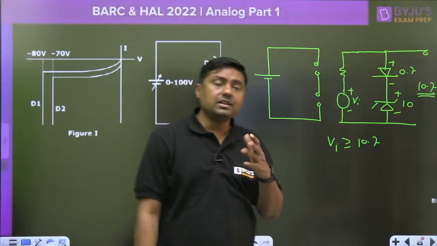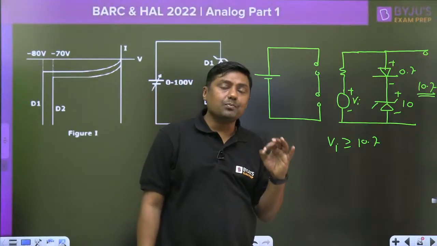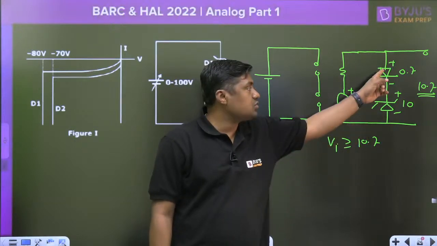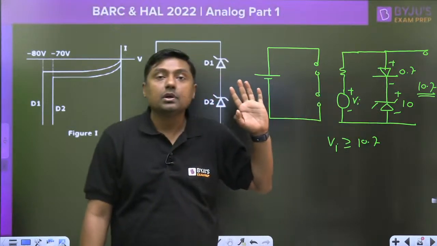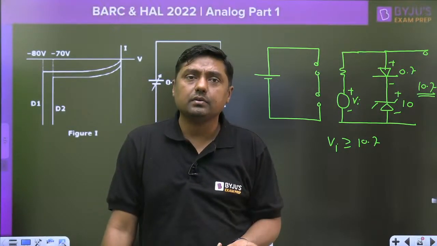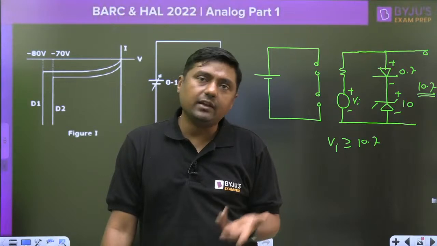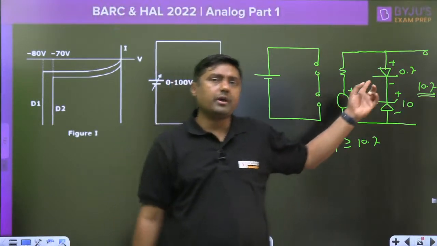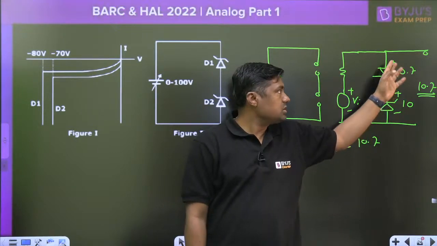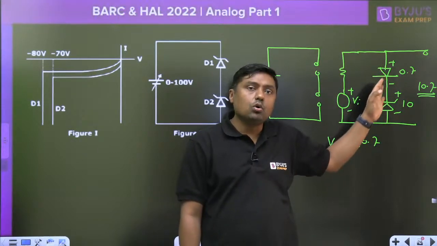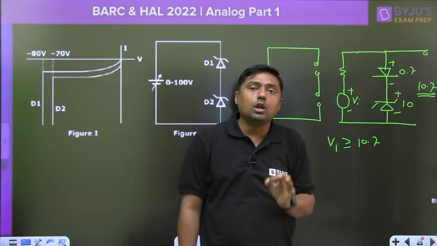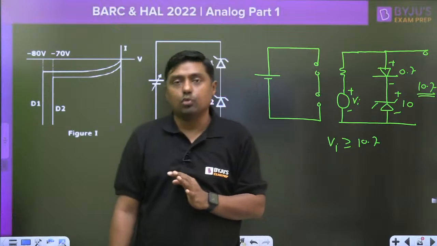We are not simply saying that if the input is greater than 10.7, then this diode is forward biased but that diode is not in breakdown, because there is no current. If the current is 0, is that diode forward biased? No, because they are connected in series and there is no current. The total voltage required is 10.7 volt.